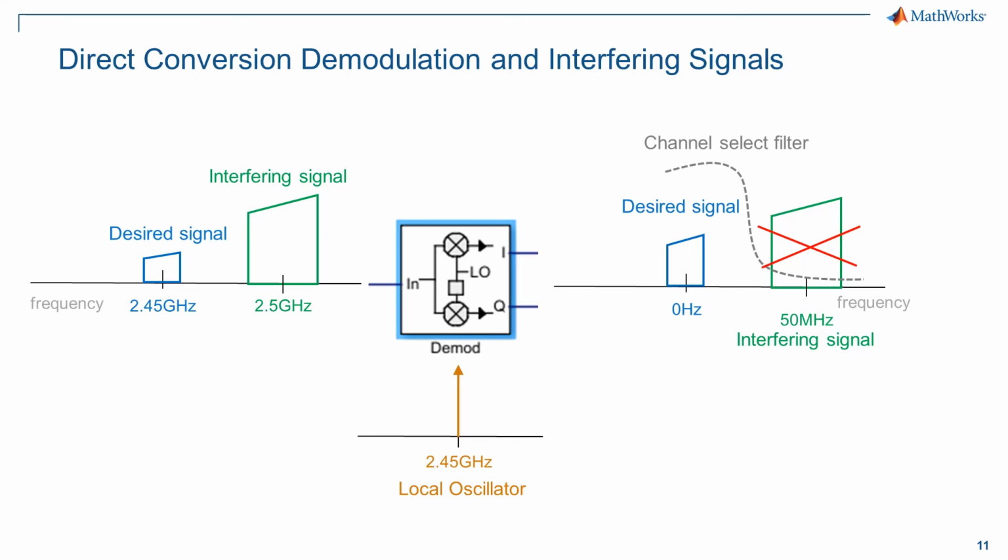The degradation is caused by the finite IP2 of the demodulator, and it propagates through the subsequent stages of the RF system. The desired signal is low power, so it doesn't excite any nonlinearity. However, the large power of the interfering signal is causing spectral regrowth at DC, effectively decreasing the SNR of the desired signal.